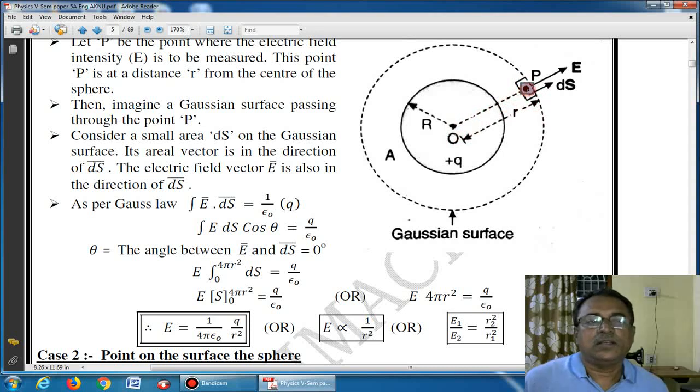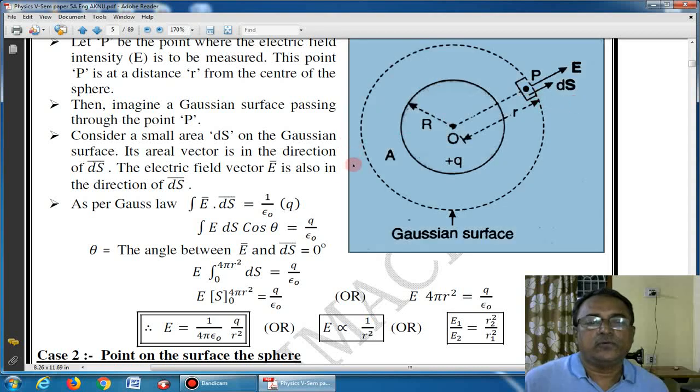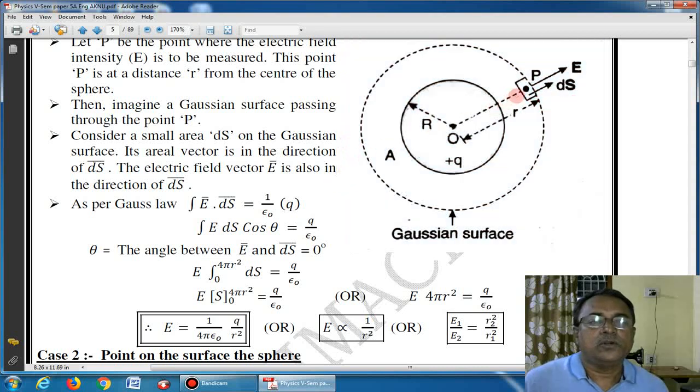Then what is the direction of electric field intensity? If you place a unit positive charge at the point P, then this unit positive charge is pushed away by the charge on the sphere.